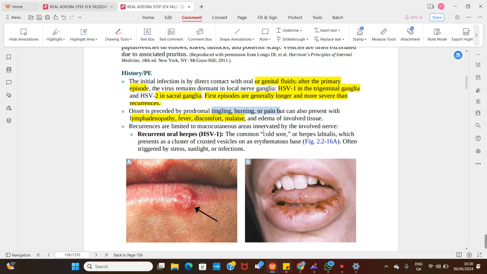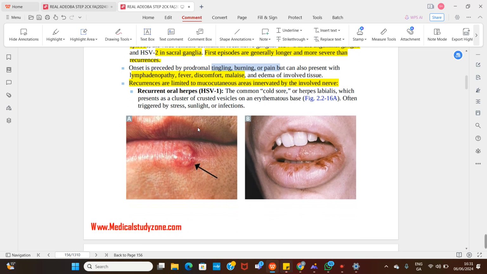The recurrences are usually limited to the mucocutaneous areas innervated by the involved nerve. Let's say the trigeminal nerve is involved, right? It's going to affect the lips. Let's say the sacral ganglia is affected, so it's going to affect the pelvis and the perineum, right? So the recurrence is confined to the area where the ganglion is situated.